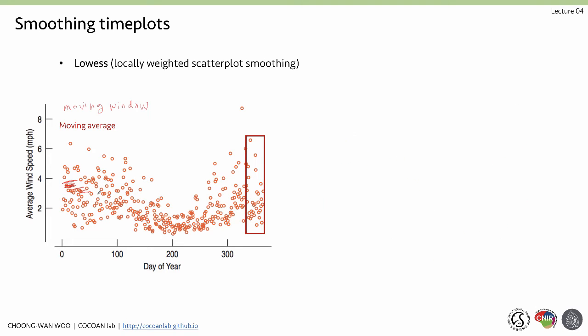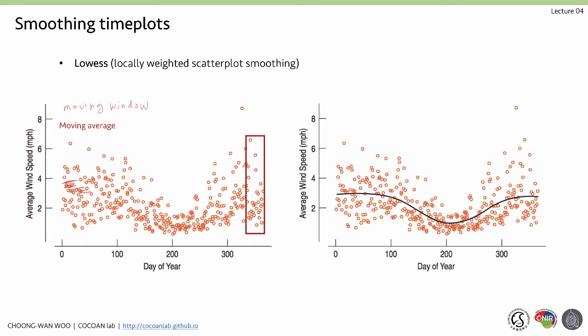And I want to show you this. Move along the x-axis. Oh, it's not working. Okay, so anyway, the window moves along the x-axis and then plots the mean values across time, and then you can get this smooth line.